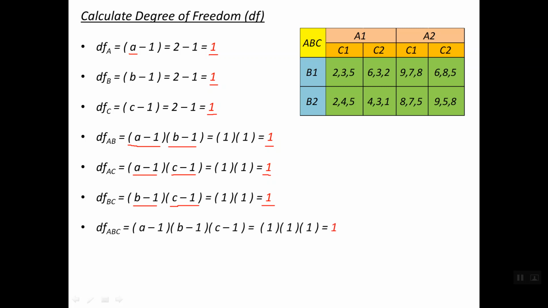For the interaction between all three factors, we simply multiply the degree of freedom for factor A by the degree of freedom for factor B by the degree of freedom for factor C. So we have 1 times 1 times 1, so we have 1. Notice that all the calculated degrees of freedom are 1s.